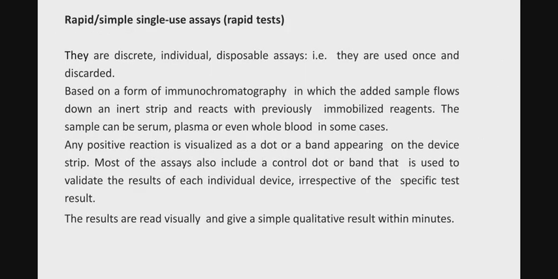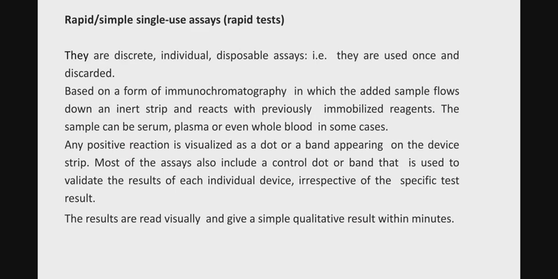The rapid test or the simple single-use assay are discrete individual disposable assays, meaning they are used once and discarded. The principle is based on a form of immunochromatography in which the added sample flows down an inert strip and reacts with the previously immobilized reagents. The sample used can be the serum, plasma, or even whole blood in some cases.